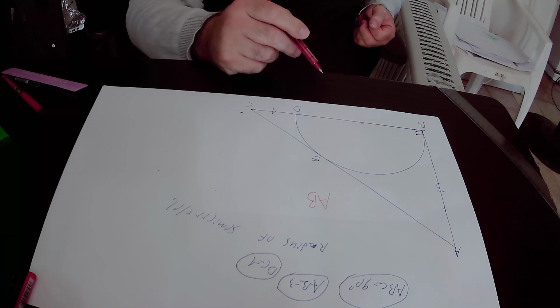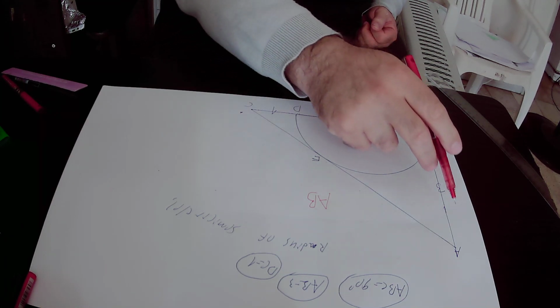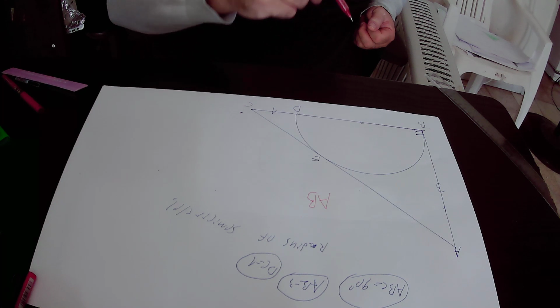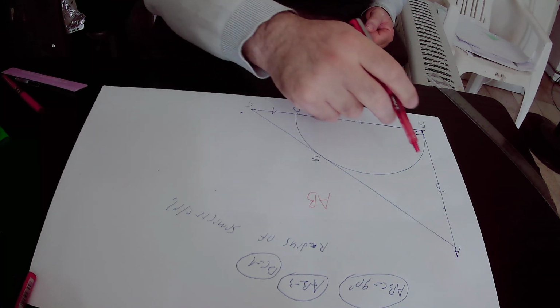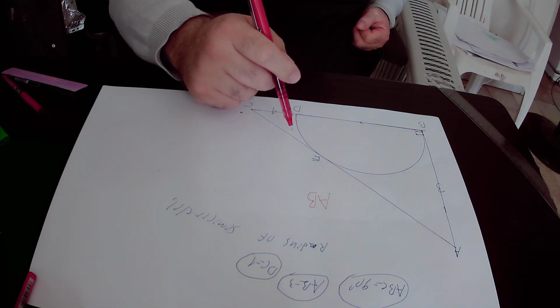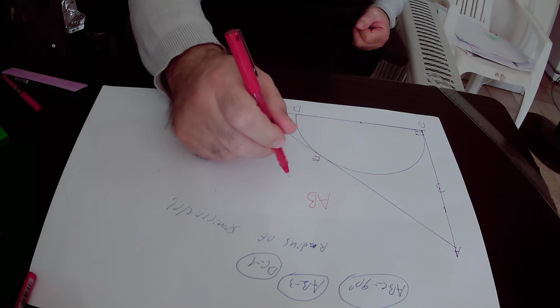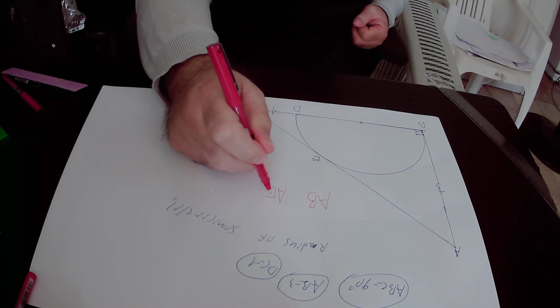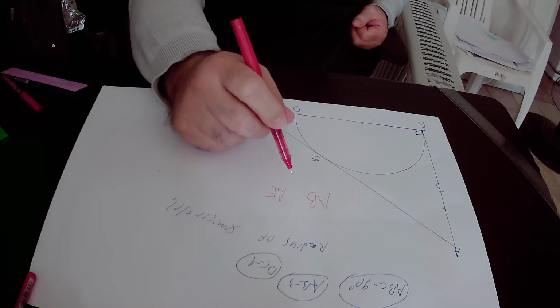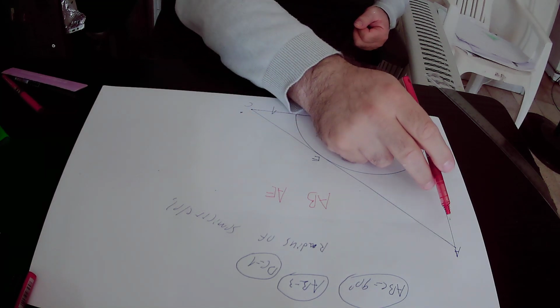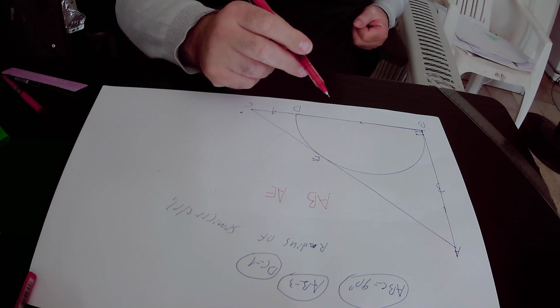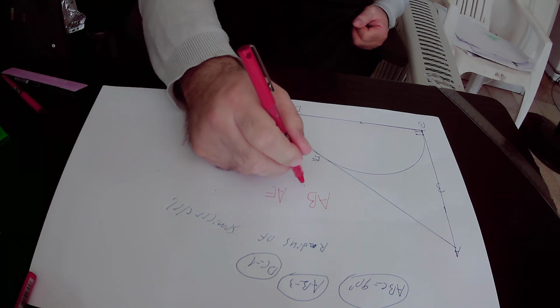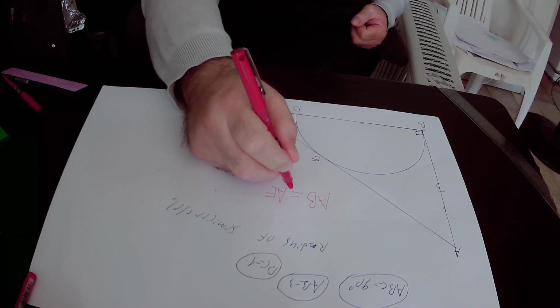The second tangent is AE, tangent to the circle at point E. According to rule number 1, the lengths of two tangents from an external point to a circle are equal to each other. That is to say, AB equals AE.